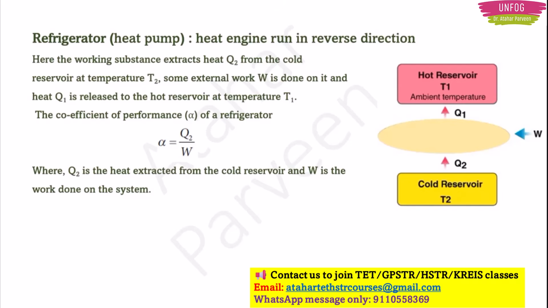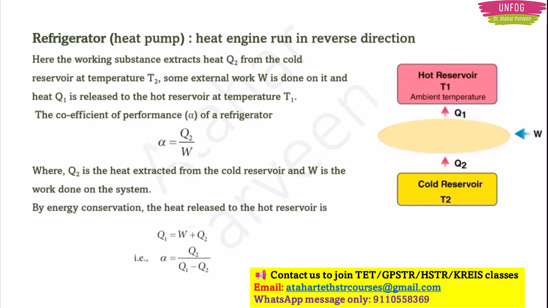And W is the work done on the system. Now by conservation of energy, the heat released to the hot reservoir will be equal to the work done plus Q2, right? That's why the coefficient of performance alpha will become Q2 upon W, or Q2 upon Q1 minus Q2. So W will be equal to Q1 minus Q2. Okay, this was all about your syllabus.